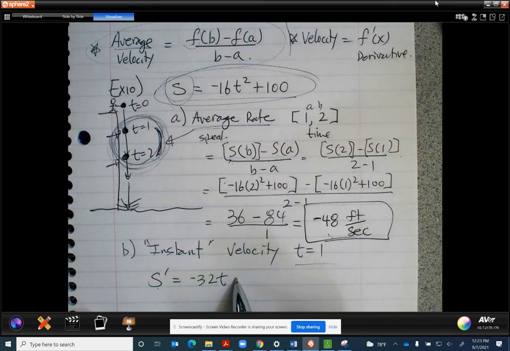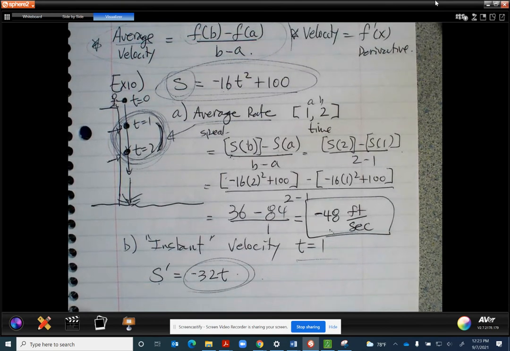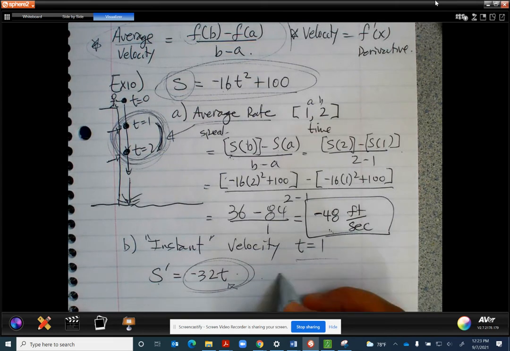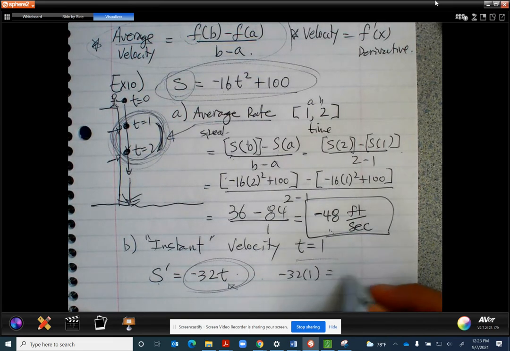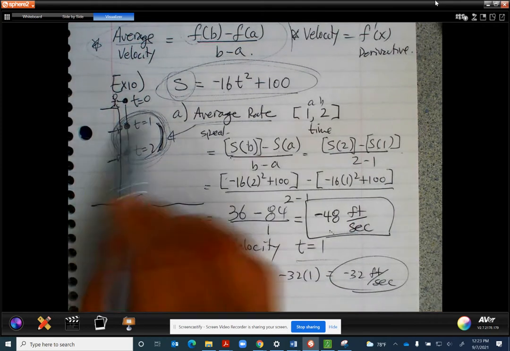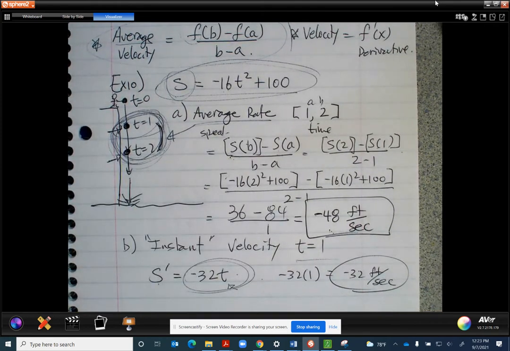Plus 0, I don't need to put that. So this is your speed formula. What number do I need to plug into this t? 1. So it's negative 32 times 1, which is negative 32 feet per second. So exactly at 1 second, your ball is traveling at negative 32 feet per second.